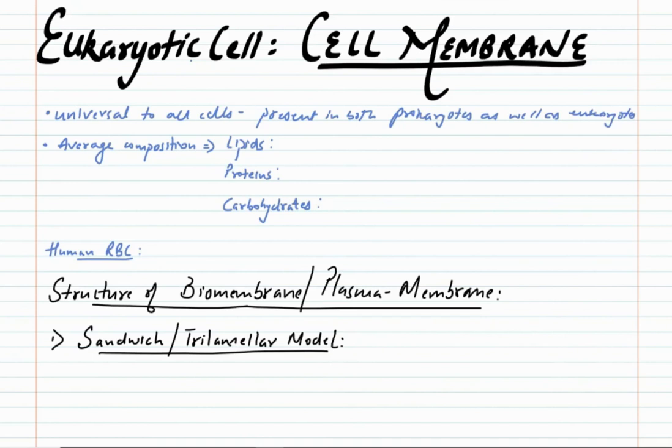The average composition of plasma membrane is such that the lipids, which include all the types of fats, are 40%, that is, phospholipids, cholesterol, and glycolipids.